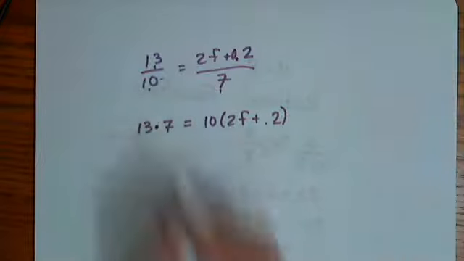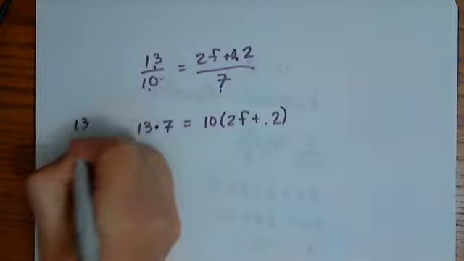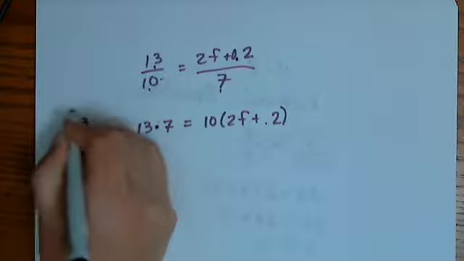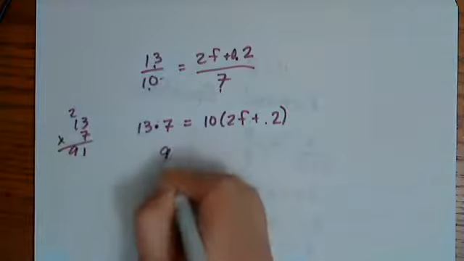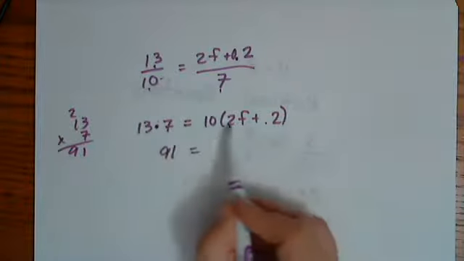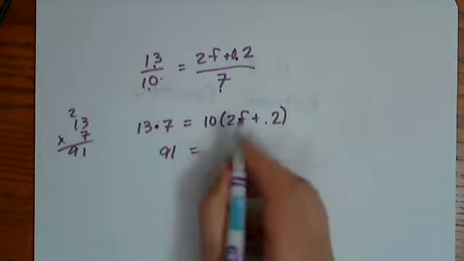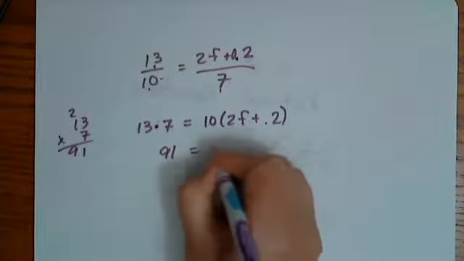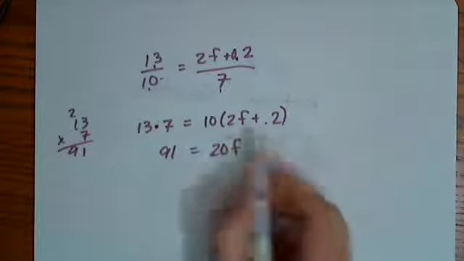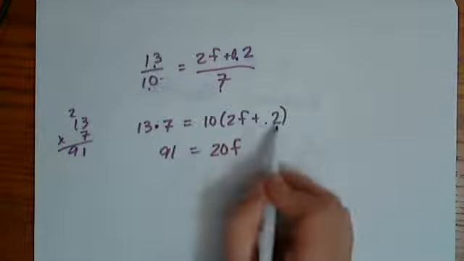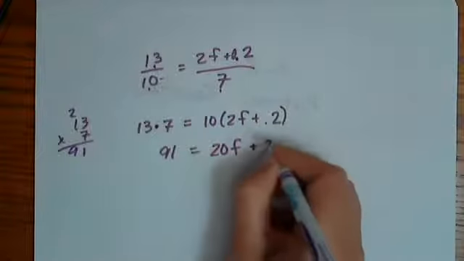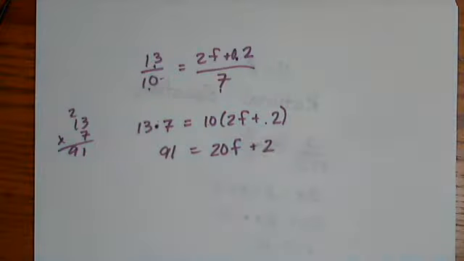What is 13 times 7? Pull out your calculator, and you find out that it's 91. And 10 times 2f, well, 10 times 2 is, I hope you said 20, 20f. And 10 times 0.2 is just a 2. Multiplying by tens is so easy.